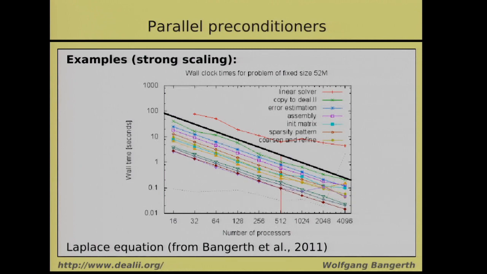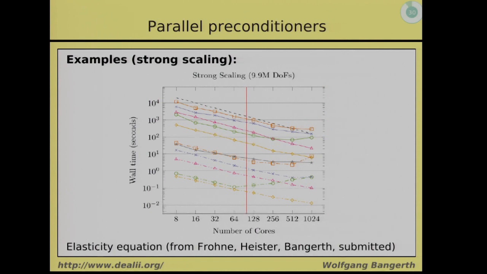But if your problem is large enough that you have more than 100,000 unknowns, you get fairly good scalability out of this. So this line here is almost parallel to the black line, right? That's what we want to see. Twice as many processors, half the time. This is what's called strong scaling. I take the same problem and I throw more and more processors at it.